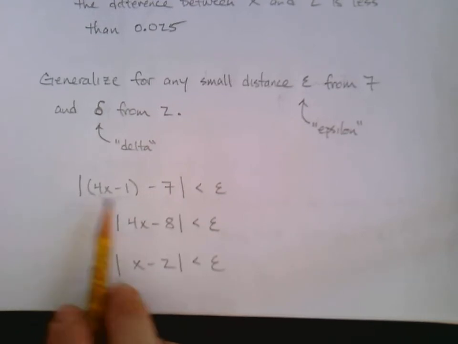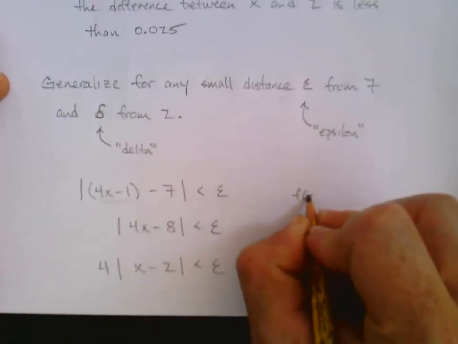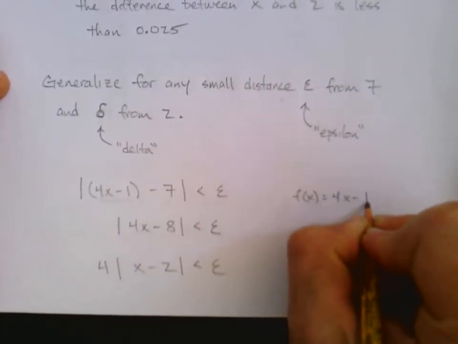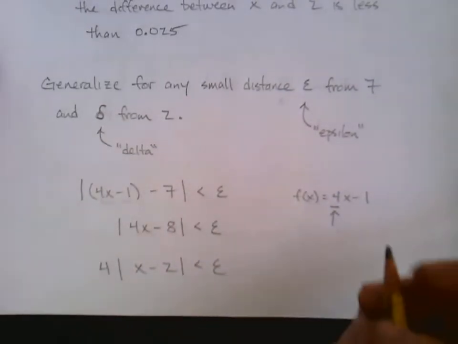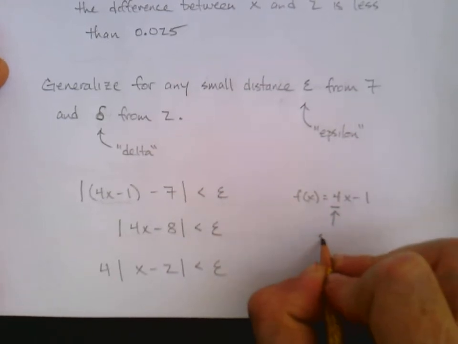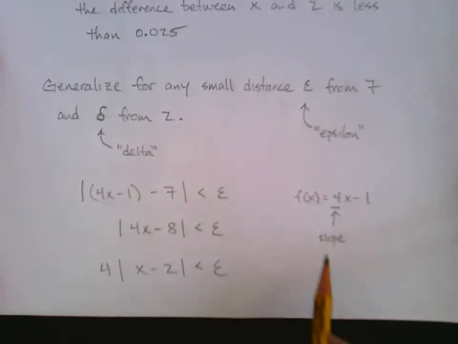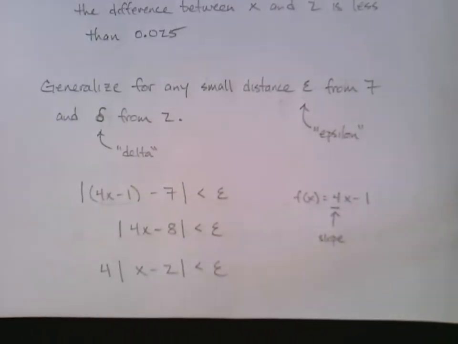The function is f of x equals 4x minus 1. What does that 4 represent? You might say, oh, this is a line. That's the slope. The slope of that line is 4. So if the slope is 4, then that ends up causing that relationship between epsilon and delta. Anyway, in case you didn't notice that, it's good to point out.